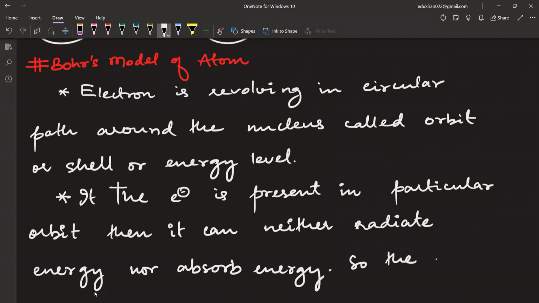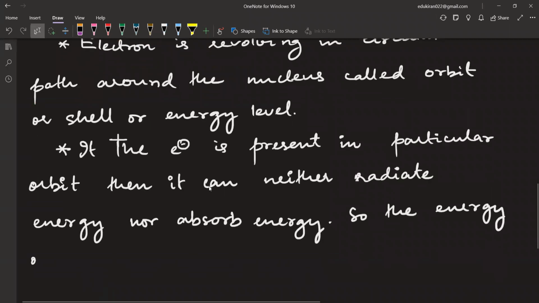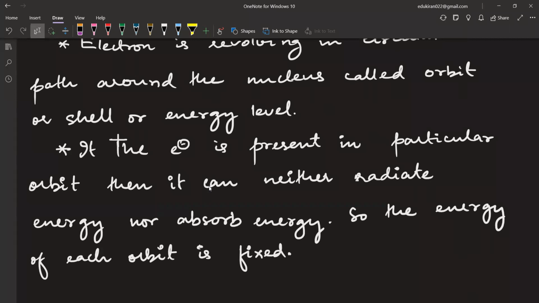So the energy of each orbit is fixed. Okay, write this fast.